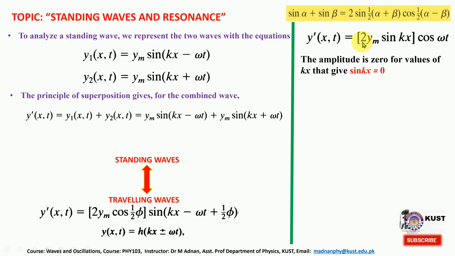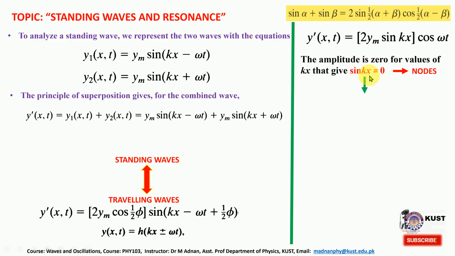Now this amplitude 2ym sine kx is 0 for values of kx that give sine kx equal to 0. If you remember, those points are known as the nodes, as we discussed on the graph. That is, if sine kx is 0, the amplitude will be 0.